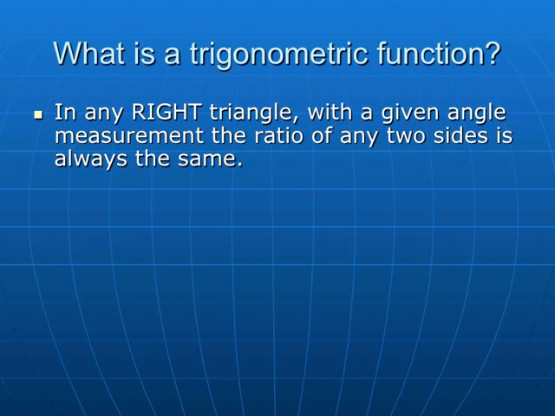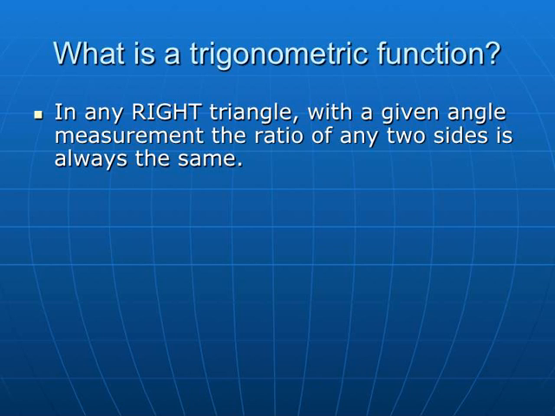Not necessarily congruent. Congruent is if it's exactly the same size. But you're on the right path. If I have two different triangles and they have the same interior angles, we call those similar triangles, right? Okay, so for any similar triangles, the ratio of the sides is always the same, right?